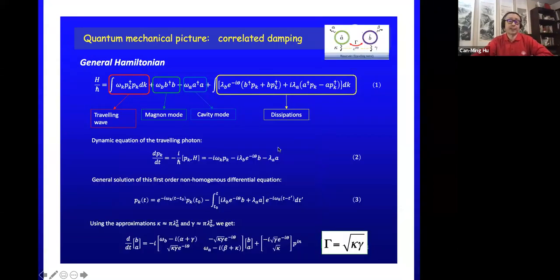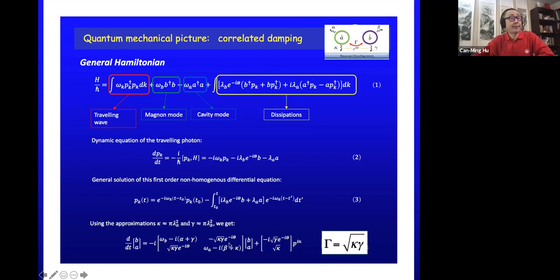Now you can solve this Hamiltonian first by looking at the motion of the traveling wave. The operator of the traveling wave, of course, depends on the operator of the Kvt modes and magnon modes. And eventually you can say this operator is a linear combination of A and B. Then once you solve that, you can plug it back into your original Hamiltonian, eliminate the traveling wave operator, then you get an effective coupling between the Kvt mode and the magnon mode.